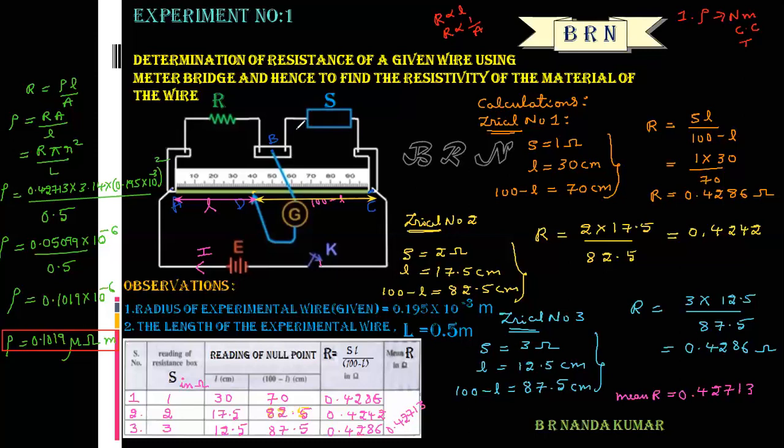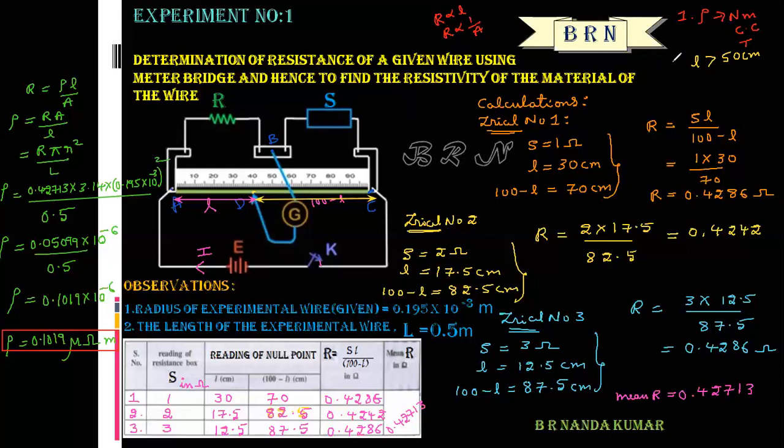This is quite a complex question, but it is very simple. The balancing length is more than 50 centimeter. R and S are resistances in the left and right gap. Which one is greater?